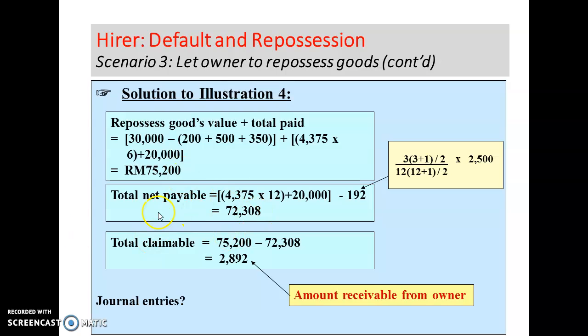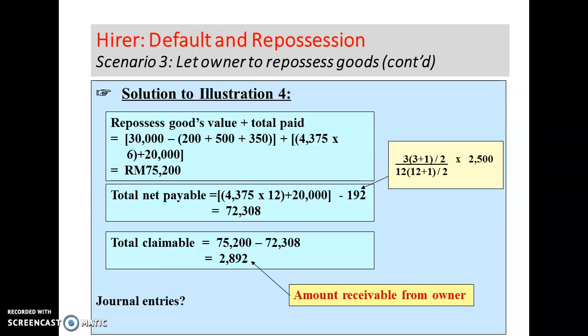So next we're going to compare the repossessed goods value plus total amount paid with the amount payable: 75,200 minus 72,308, so the difference is 2,892. So this is the difference. Now you have to decide whether this amount will be paid by the hirer to the owner, or by the owner to the hirer.